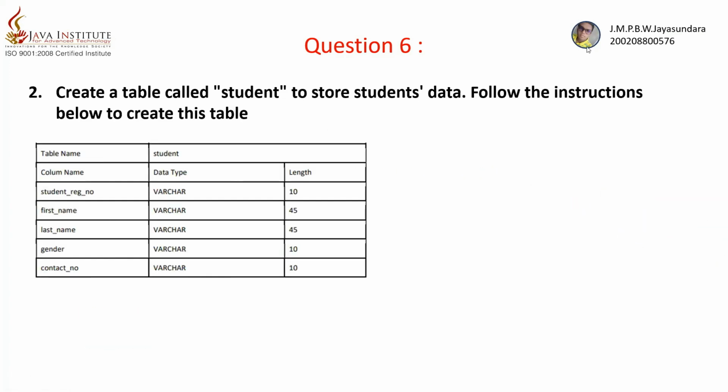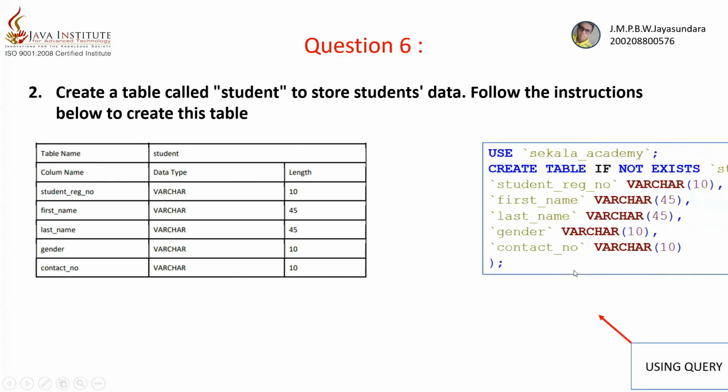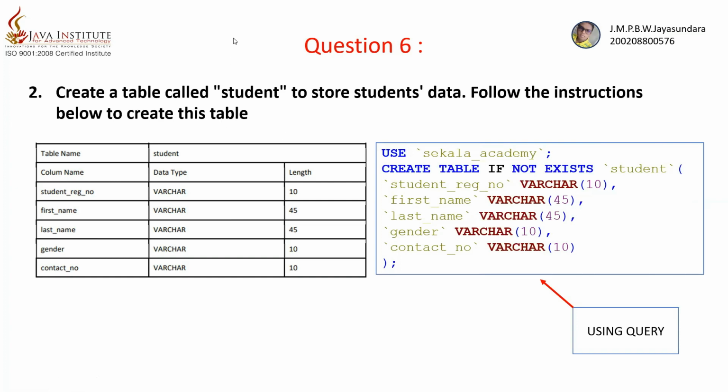Here we have our second question as create a table called student to store students' data. Follow the instruction below to create this table. When we create this table, first we need to define what database we are using. In this case, we are using HeidiSQL Academy database. After that, we can create our create table query.